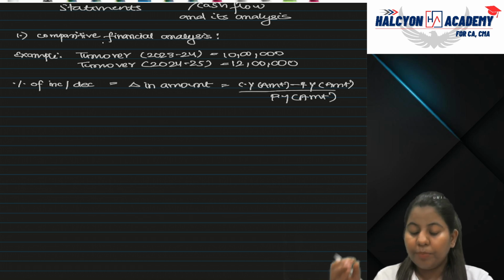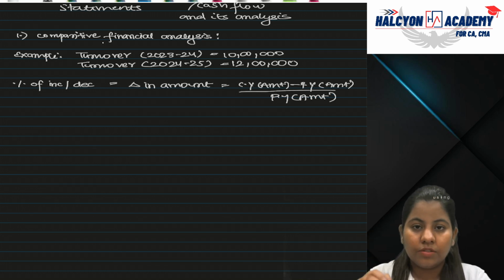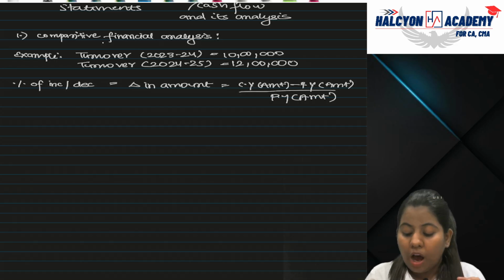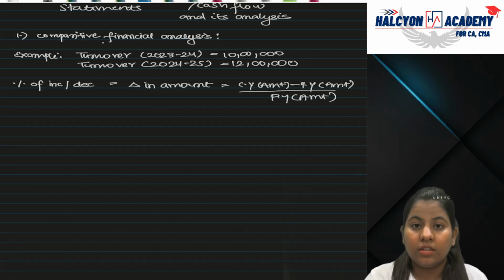We are taking the previous year amount as base, because we are comparing with the previous year, to see how much it is increased or decreased in comparison with the previous year.